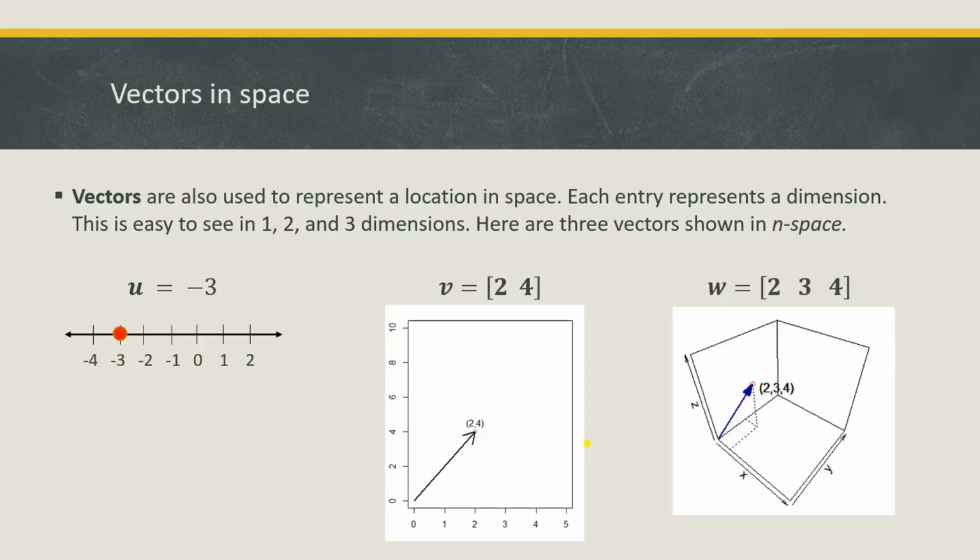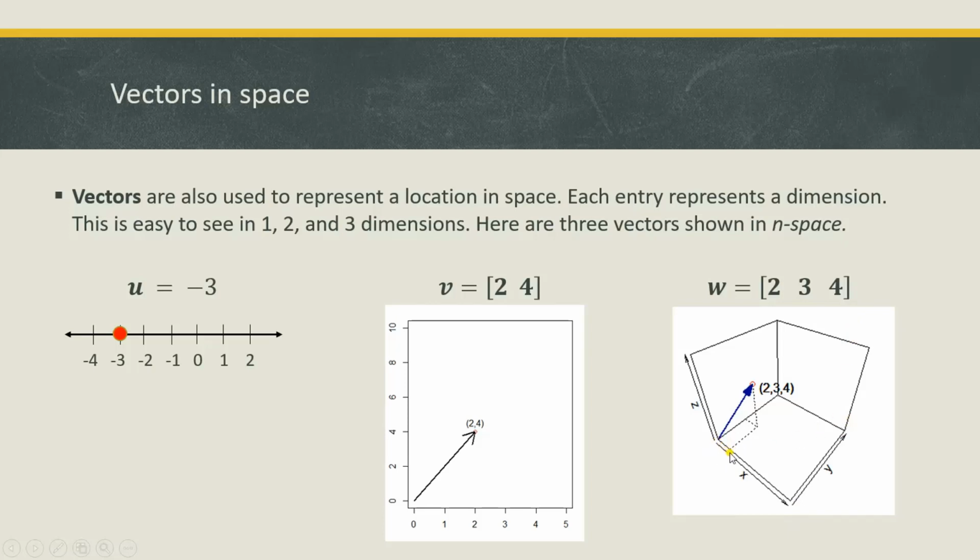And now we can see it in 3 space as well. If we have vector w that is entries 2, 3, and 4, then we can think of these as our x, y, and z coordinates, which is the standard notation. So we have 3 axes here, starting at 0, 0, 0. We move along the x-axis, then the y, and then up in the third dimension for the z coordinate. So at this point we can see it sort of traced out for us.